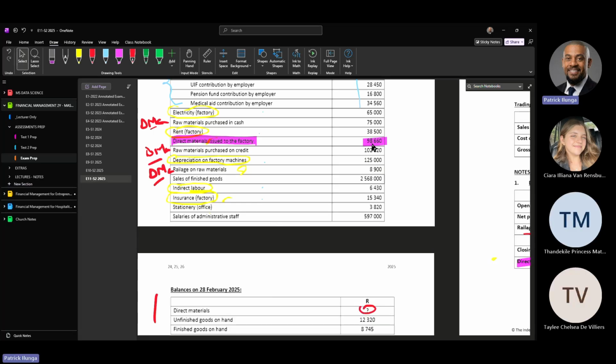But you need to check, did they use the entire material or did they only use maybe, let's say, 200,000 rand worth of material? So check, and this kind of statement will tell you what you need to know. Direct material issued to the factory. Sierra, Pandekile, Telly, does this make sense?